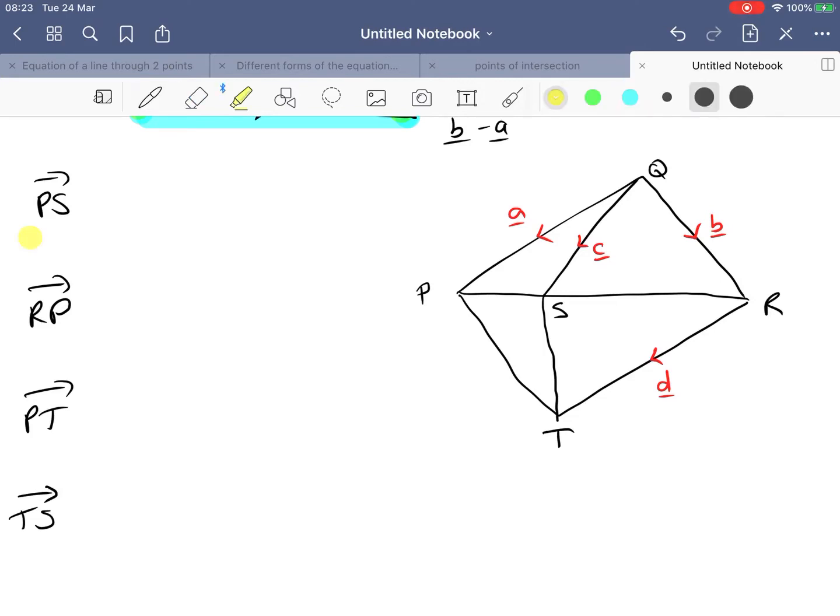So let's have a look at this one first. PS. So what that means is I want to go from P to S. And obviously at the minute the direct route doesn't have a vector on it, so I need to go a different way.